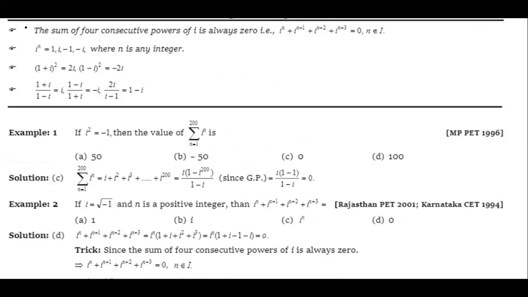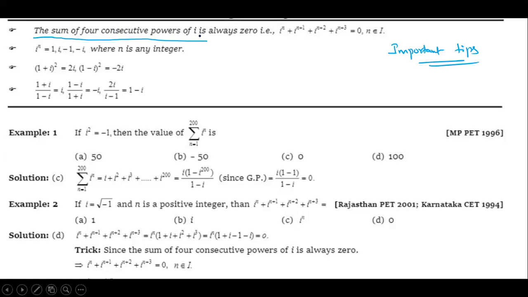Now, important tips. The sum of 4 consecutive powers of i is always 0. n belongs to integers. i power n is equal to 1, i, minus 1, minus i, depending on n.